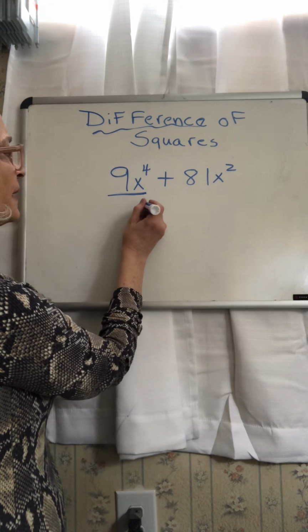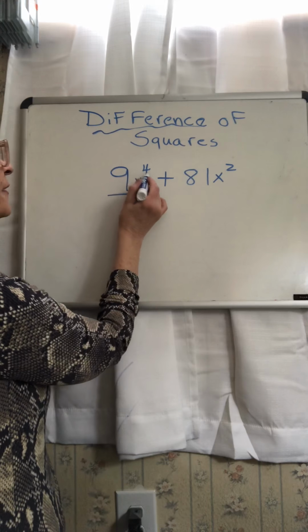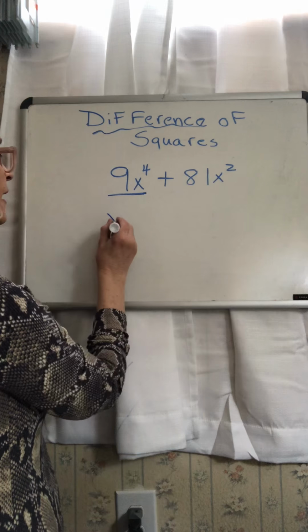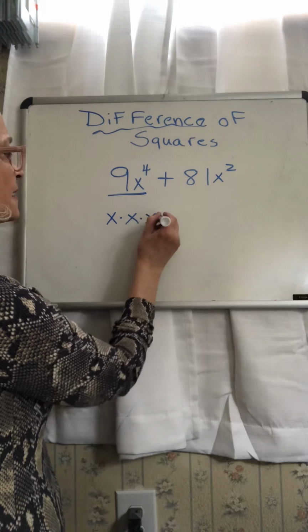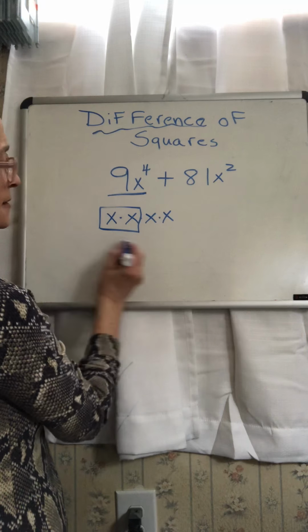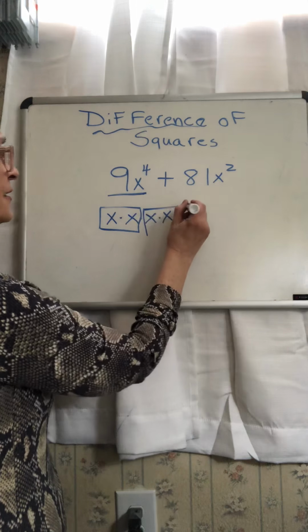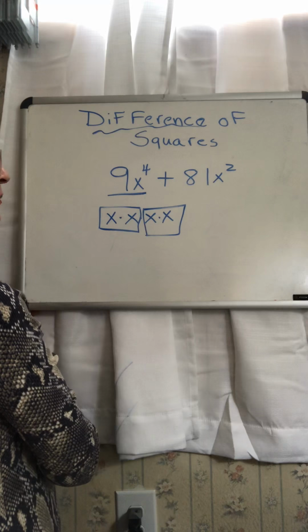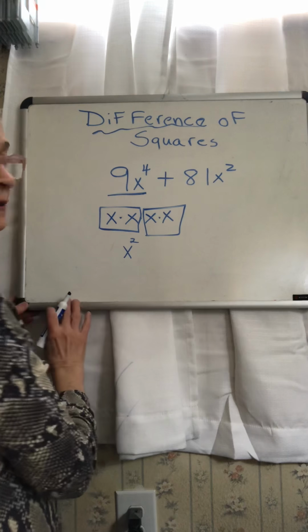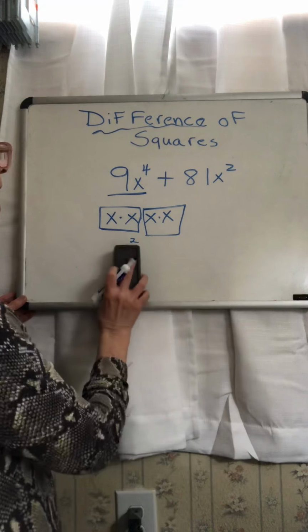You just divide it by 2. So 4 divided by 2 would be x squared. I could also show you that x times x times x times x. So this would be 1 group of x times x that's a perfect square, and this would be a second group of x times x that's a perfect square. So you would actually be able to square out x squared.